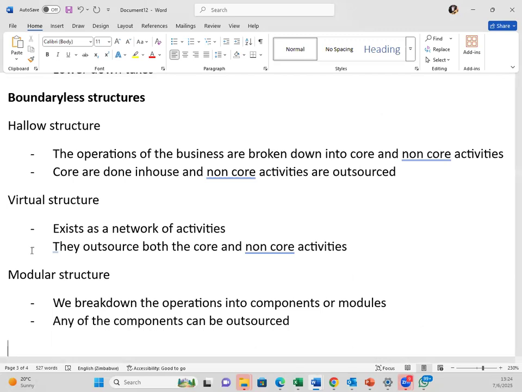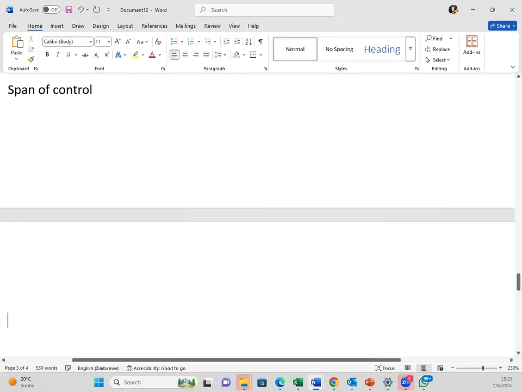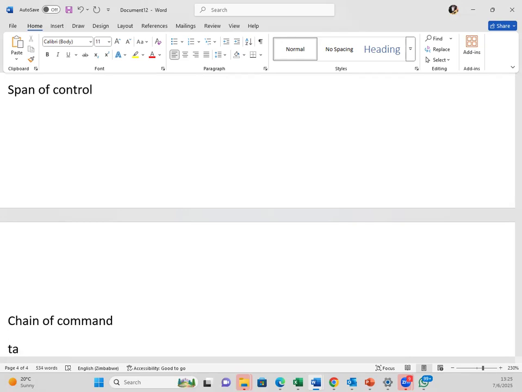We have span of control, chain of command, and tall and wide structure.